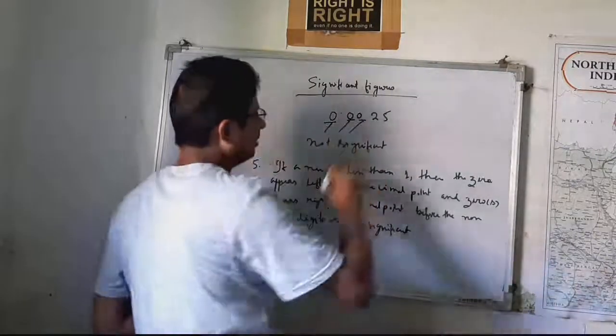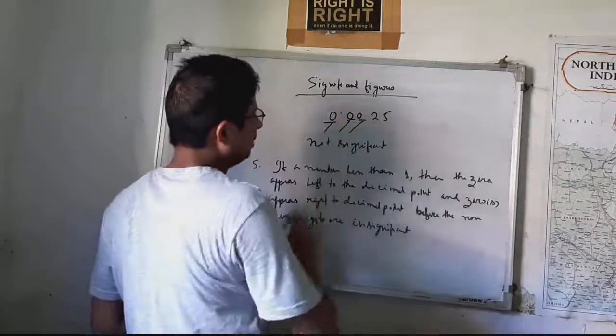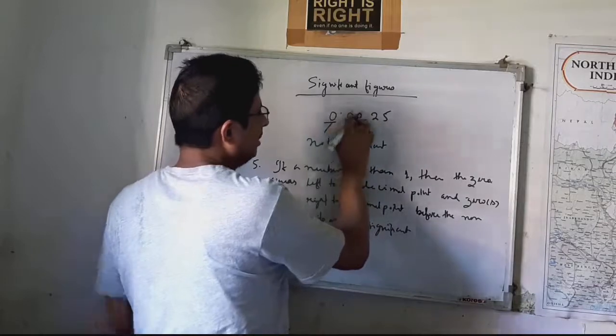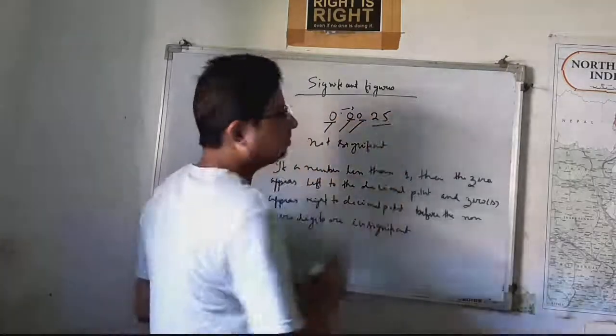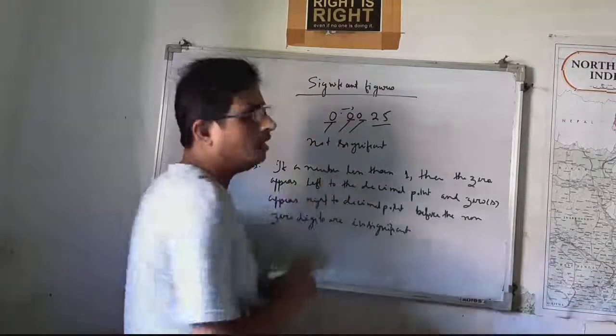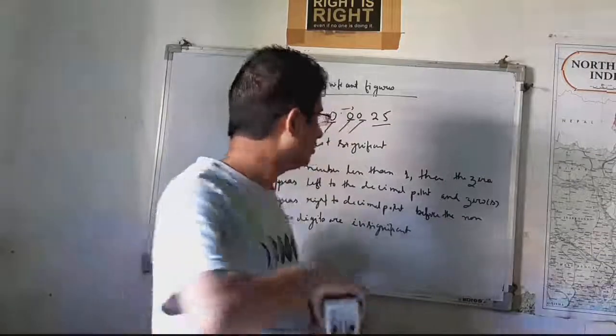So the zero left of the decimal point is not significant, and zeros right of the decimal point but before the non-zero digits are insignificant.